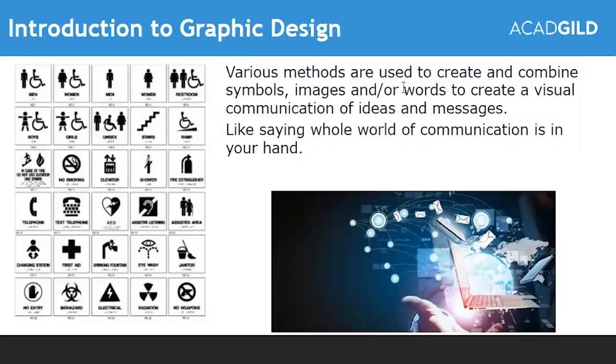In graphic design I told you about text, so here we have used words to create visual communication. It is a complete package of using different or multiple images, multiple graphics, or words, which can be anything. I will discuss later what a word or text is, and there are different kinds of texts.